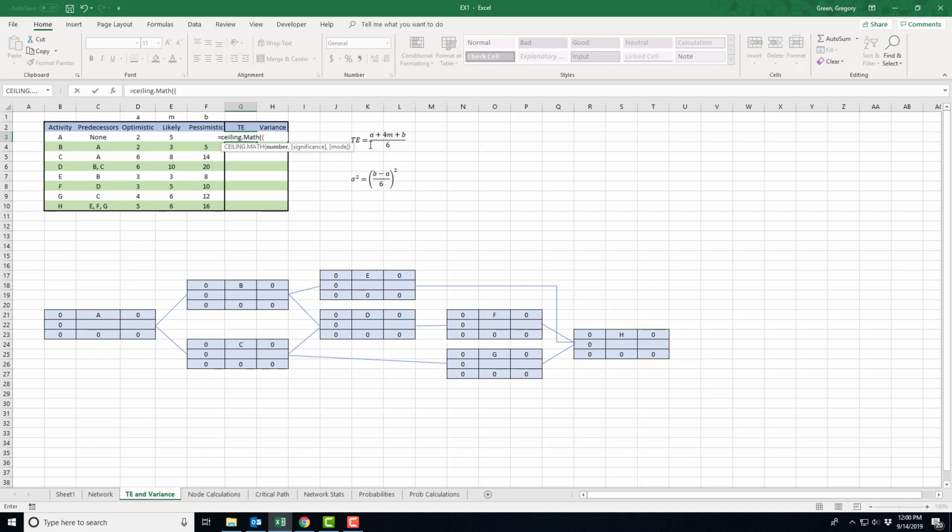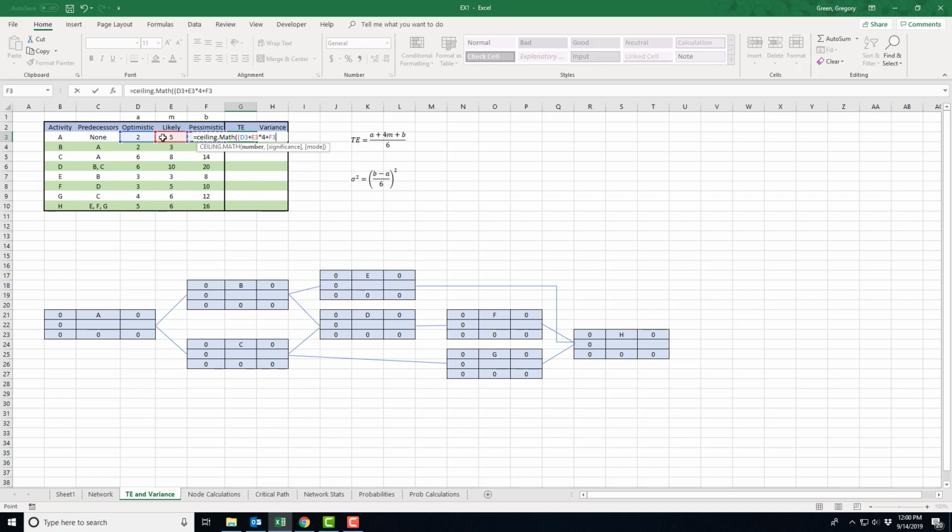So I want to go back and collect A plus M times 4 plus B. So in cell D3 for node A is the optimistic time.